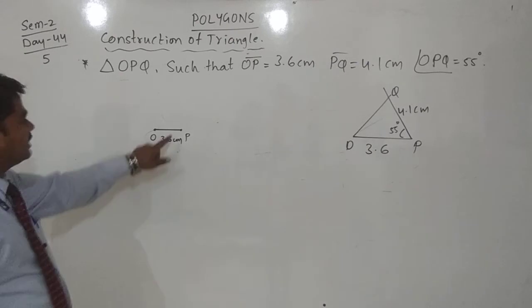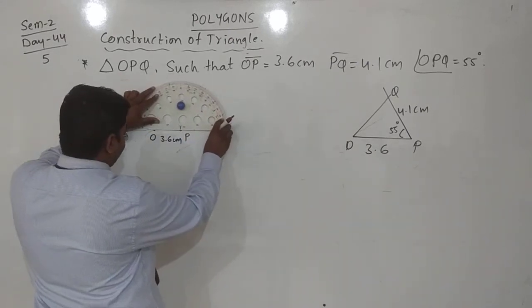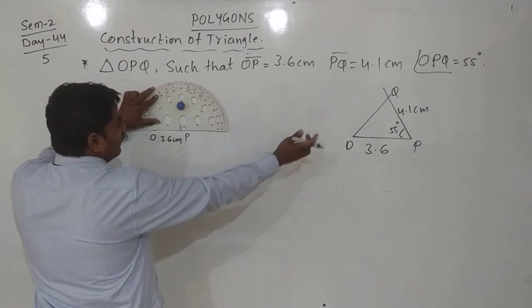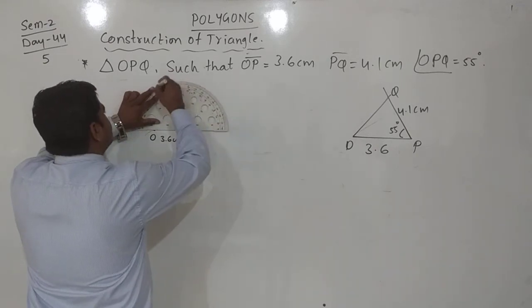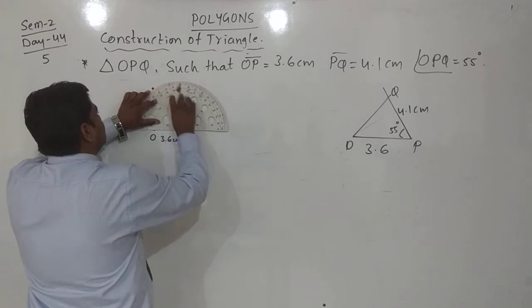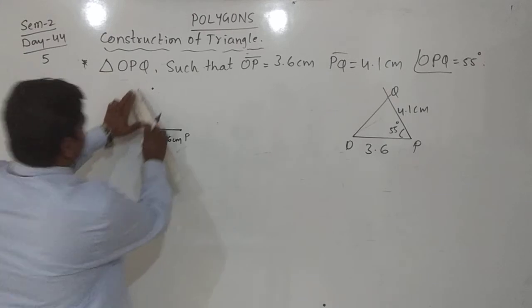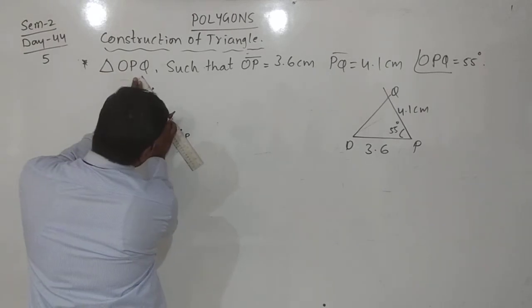Next step, measure the angle at P. It should be 55 degree, here. Then join this line with the help of ruler.